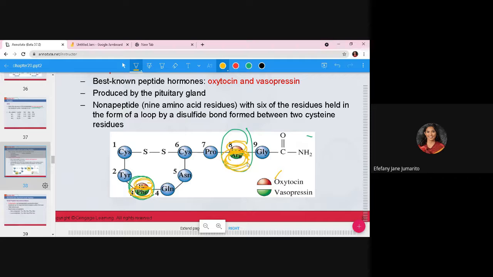The function of oxytocin, with leucine and isoleucine, is for nursing mothers. It stimulates milk so that baby can nurse. Then if you change it a little to phenylalanine or arginine, then that peptide will have a function on the kidneys.